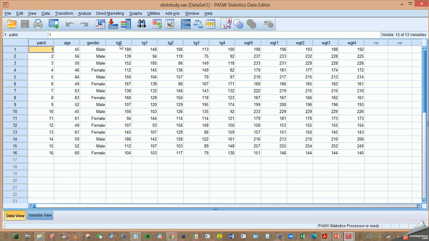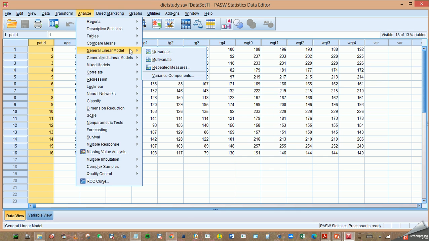This is the TGs, the first levels of triglyceride. This is during the 6 months, from 0, 1, 2, like every month or every 40 days. And this is the weight for the patients, their age, the gender. Here is the patient number. Now we go to Analyze. We want to compare means, paired samples t-test.